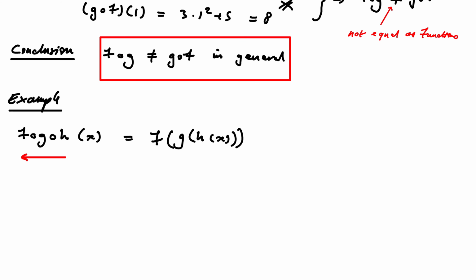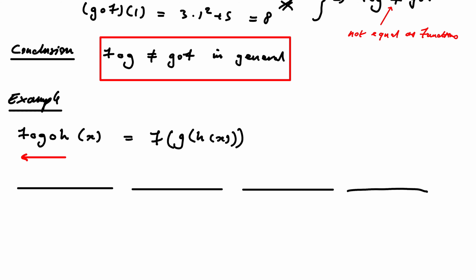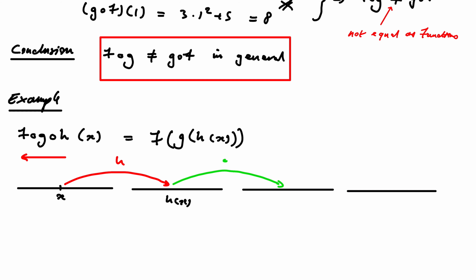Okay, so if you want to do it with kind of a picture, it gets out of hand real fast. But it would be this. You'd start with your x, then you would do h to get h of x here. Then you do your g. So what does that give you? It gives you g with h of x fed into it.